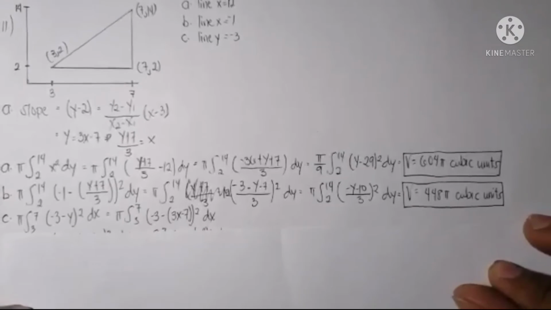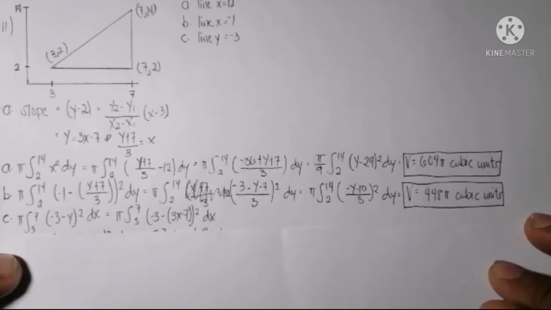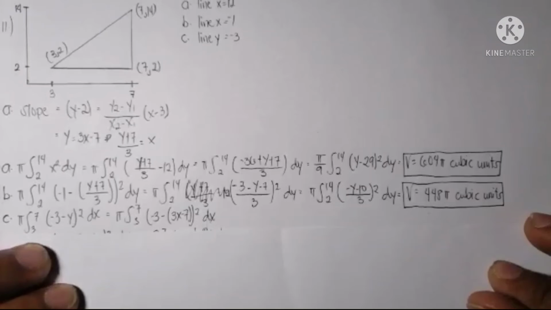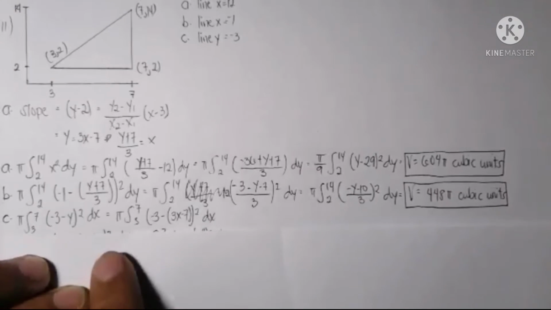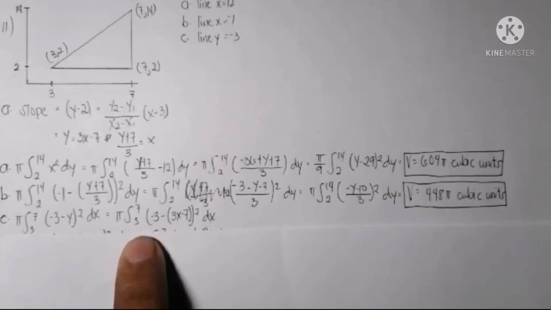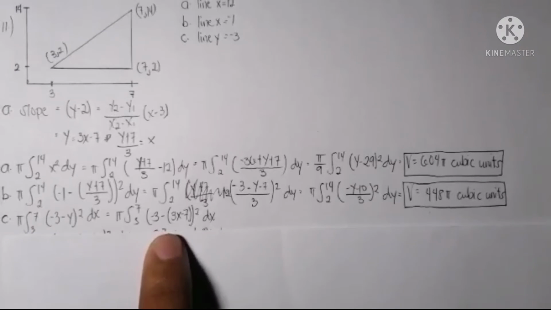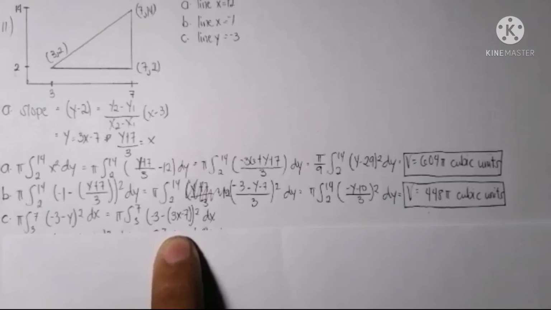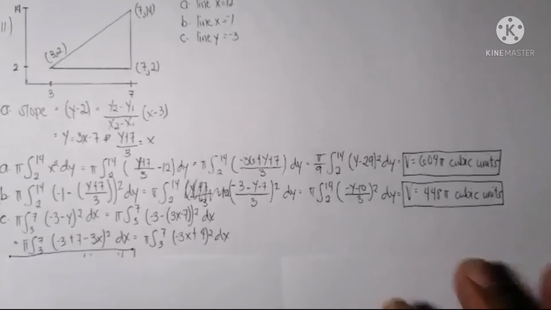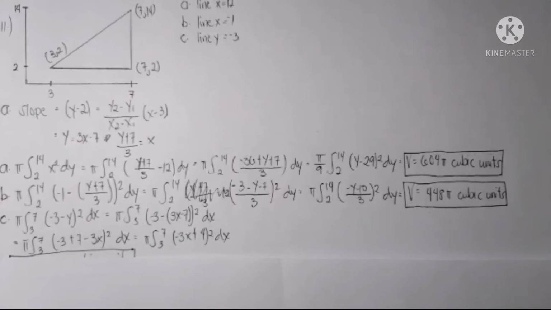So C. Pi integral from 3 to 7 of (negative 3 minus y) squared dx is equal to pi integral from 3 to 7 of (negative 3 minus (3x minus 7)) squared dx, which is pi integral from 3 to 7 of (negative 3 plus 7 minus 3x) squared dx, which is equal to pi integral from 3 to 7 of (negative 3x plus 4) squared dx.